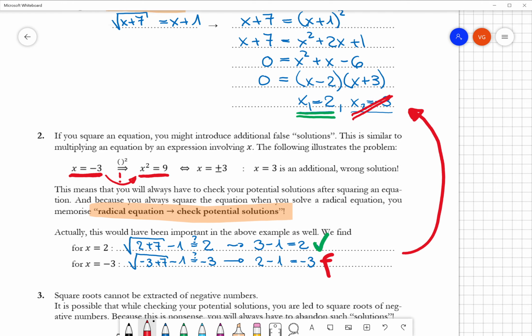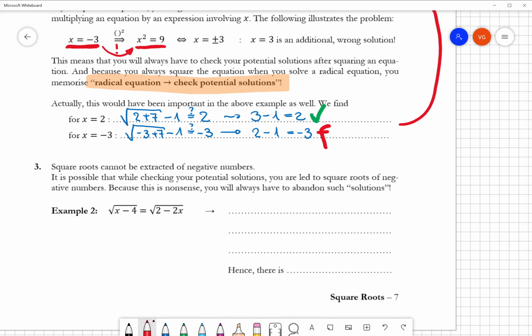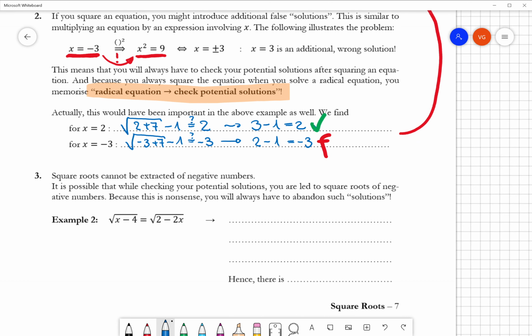Okay, now let's look at the third item here. This is sort of an extension to the second item. It's not really new, but you need to be careful when you're dealing with roots. This more straightforward equation, I dare say, root of x minus 4 equals root of 2 minus 2x, is solved directly by squaring.